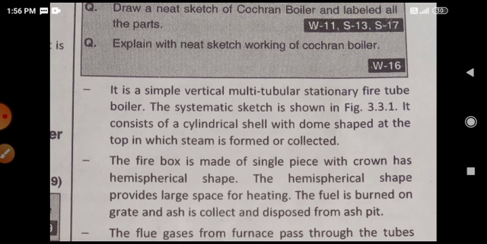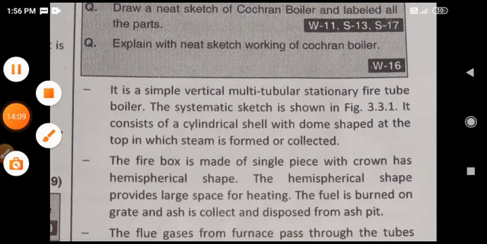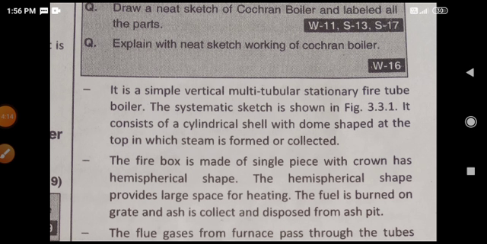This is a fire tube kind of boiler. It is a simple vertical multi-tubular stationary fire tube boiler. The schematic sketch is shown in the figure. It consists of a cylindrical shell with a dome shape at the top, in which steam is formed or collected. Then the firebox is made of a single piece with crown, has hemispherical shape, with large space for heating.